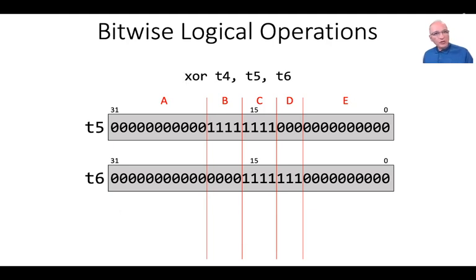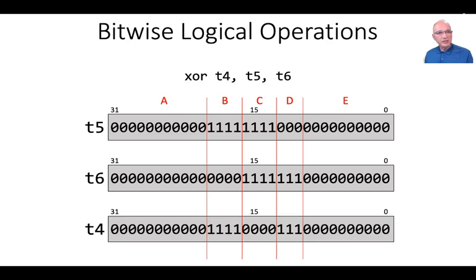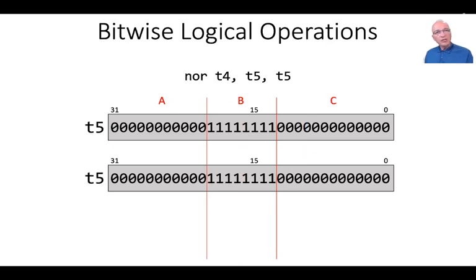There is an XOR operation. The XOR operation is the exclusive OR, and the result is 1 if the two inputs are different. So in this case, we'll end up with a 0 in regions A, C, and E, and a 1 in regions B and D. We can use the NOR operation to do a negation operation.